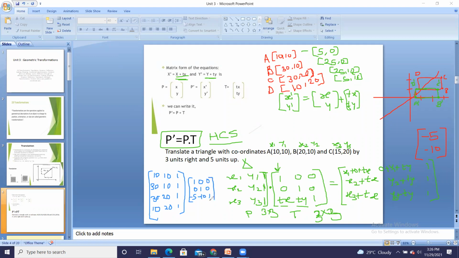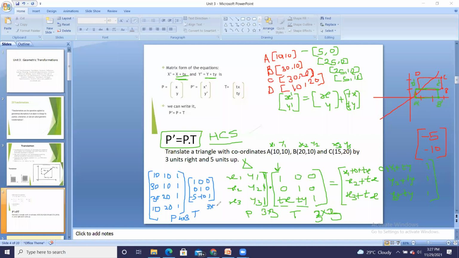So this is your P into T. P is of order 4 by 3, and this is of order 3 by 3.